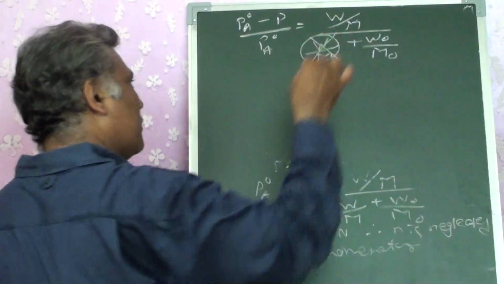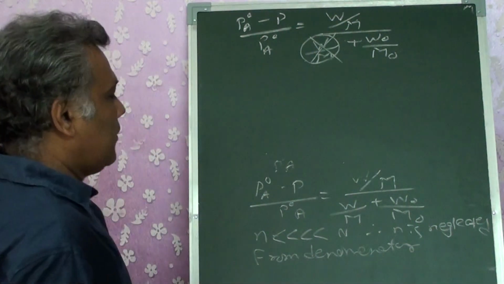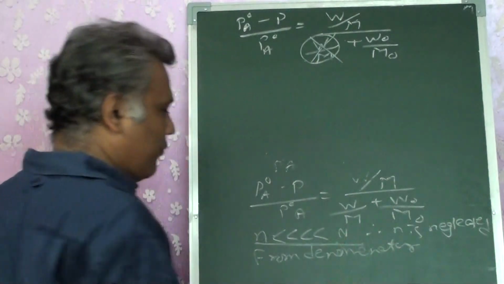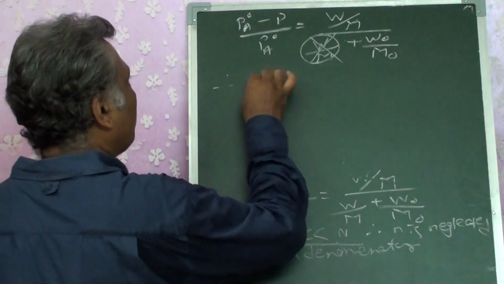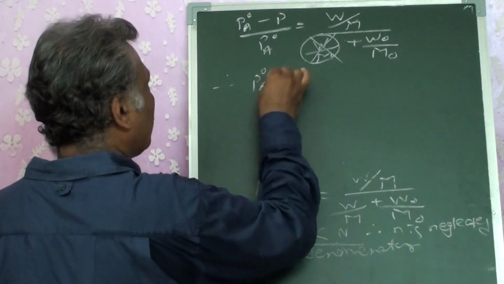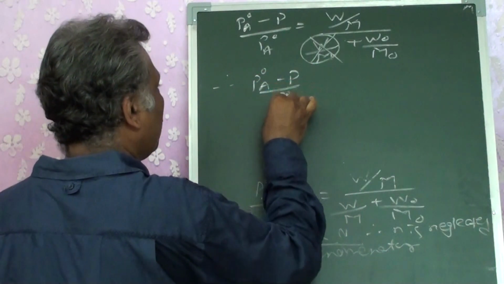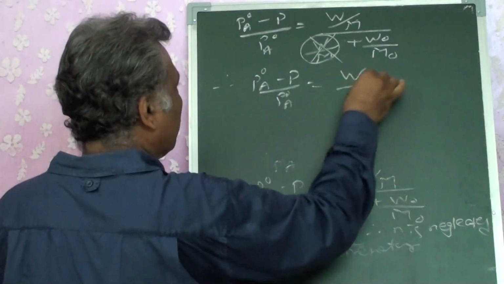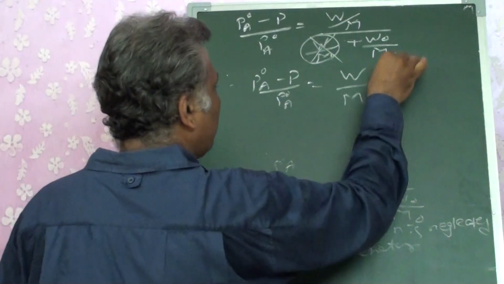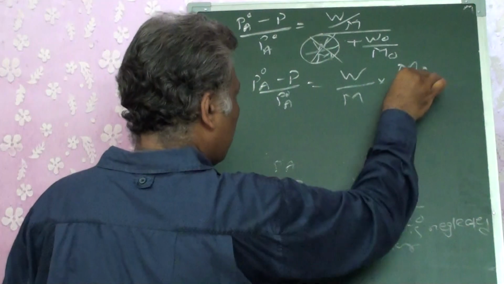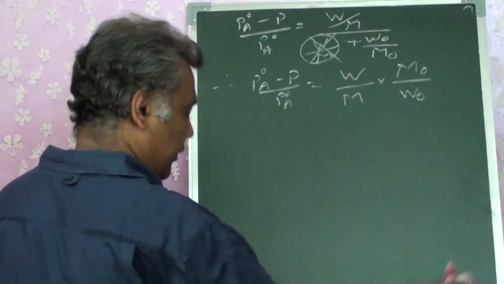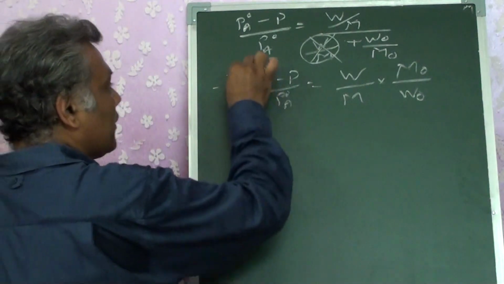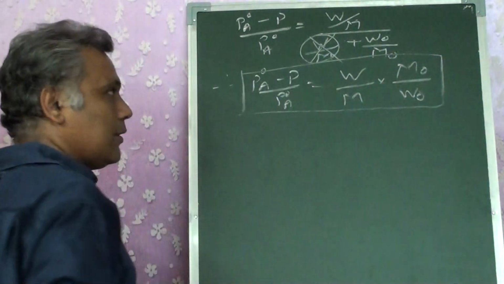We neglect it because n is very much less than N. As a result, we get P naught A minus P upon P naught A is equal to W by M into M naught by W naught. So this is another formula that we get.